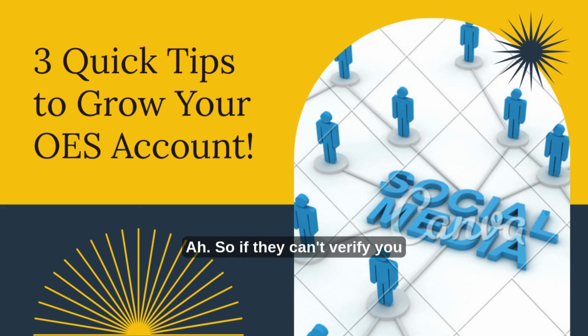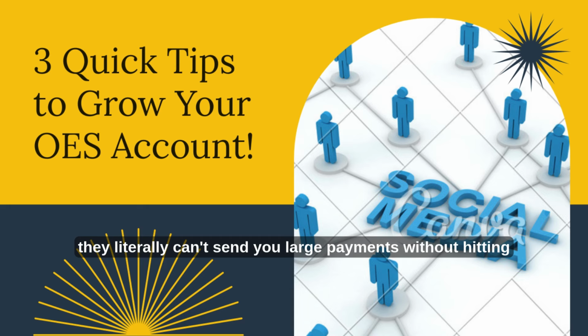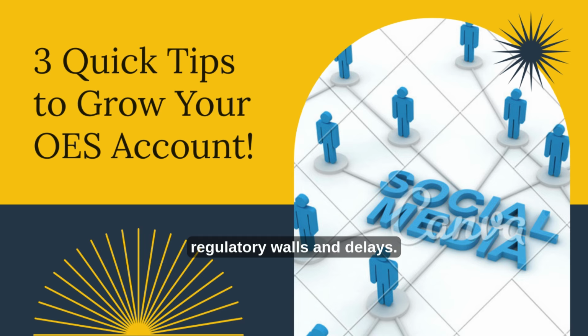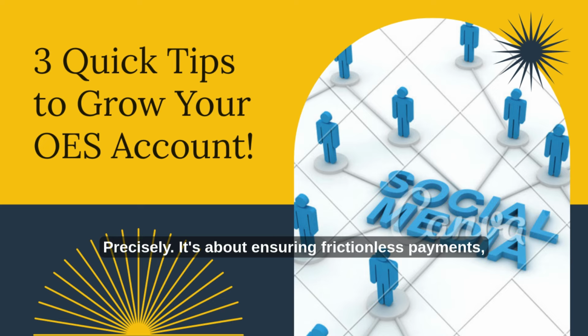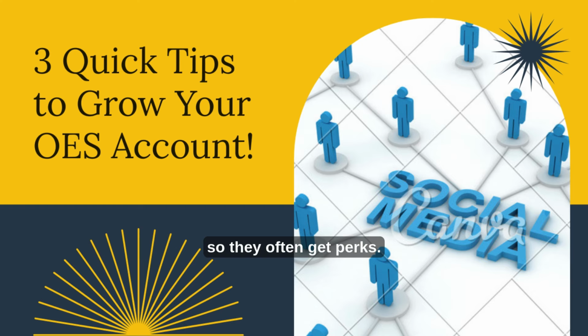So if they can't verify you via OKYC, they literally can't send you large payments without hitting regulatory walls and delays. Precisely. It's about ensuring frictionless payments, especially when dealing with significant amounts. Skipping or delaying this is self-sabotage. That's a very powerful incentive. You mentioned a third benefit too, priority access. Yes. Verified accounts are seen as trustworthy within the ecosystem, so they often get perks.